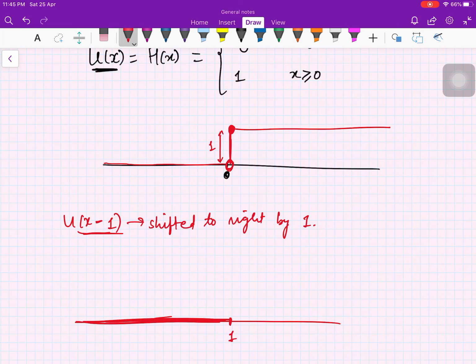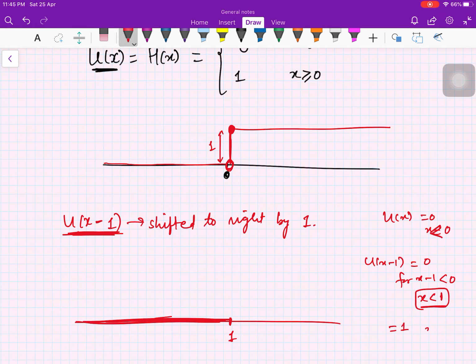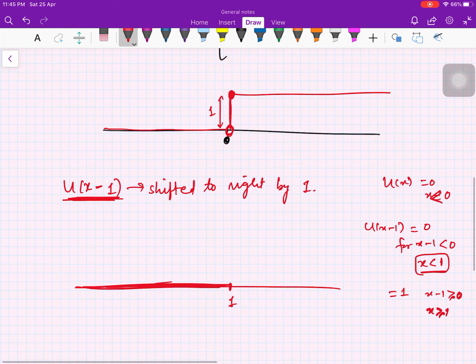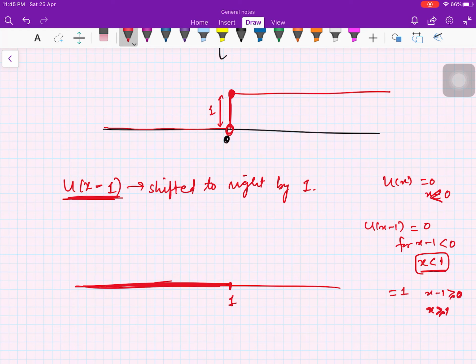Now at 1 your function will be 0 everywhere before 1, because this is how u of x minus a works: u of x is 0 for x less than 0. So u of x minus 1 will be 0 for x minus 1 less than 0, that is for x less than 1, and it is equal to 1 for x minus 1 greater than or equal to 0, that is for x greater than or equal to 1.